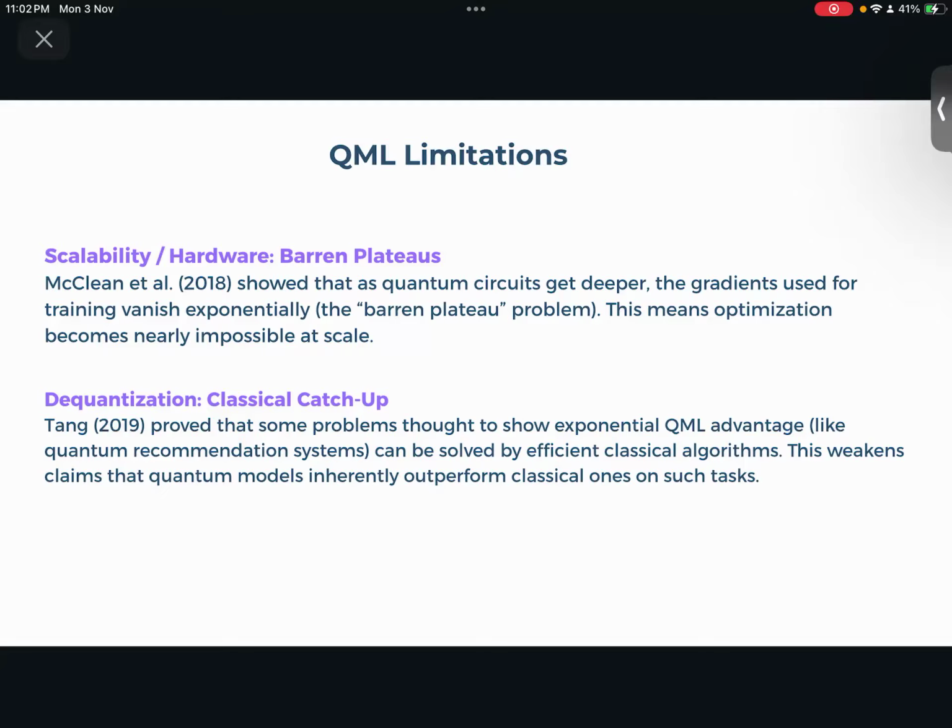And then we have the dequantization, which is the classical catch-up. So we try to show the exponential QML advantage, and then we try to show that this is efficiently solving problems, or solving problems in a more efficient way, so that we can claim to have a quantum model that really can outperform a classical model in certain tasks.